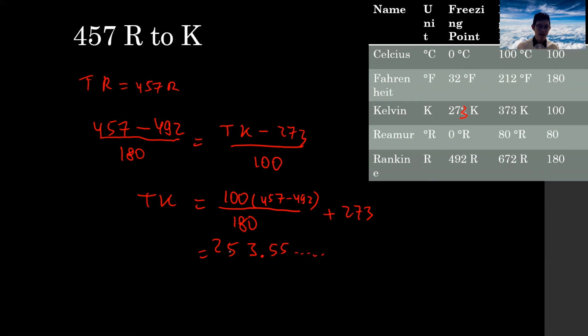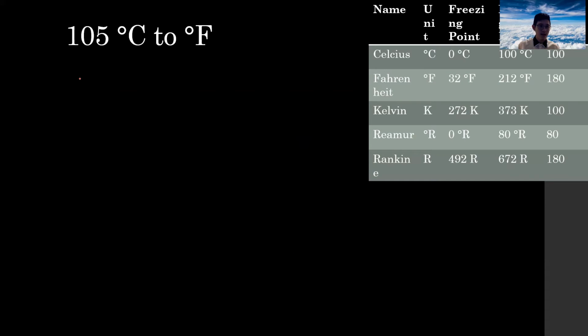Kelvin. Next, let's try 105 Celsius to Fahrenheit. So 105 Celsius minus the freezing point, 0, per 100 is equal to temperature in Fahrenheit minus freezing point, 32, and the range is 180.